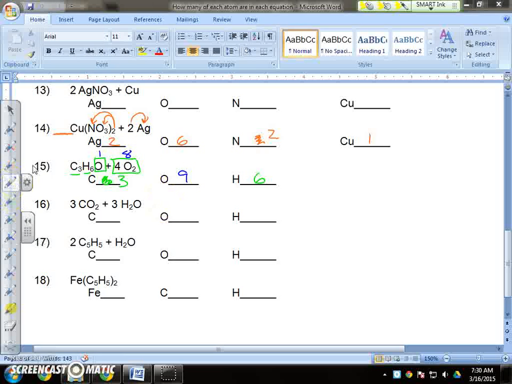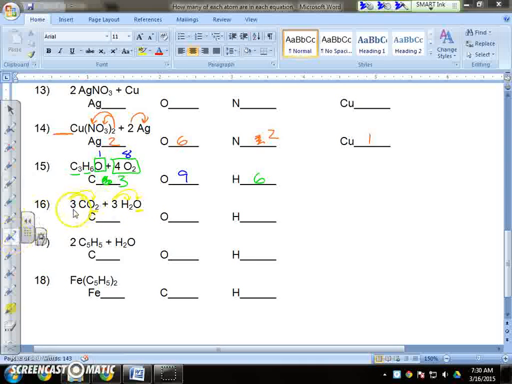Looking at number 16, we have oxygens on both sides, which is going to be tricky, and I've got coefficients of 3 on each side. So we're going to distribute that 3 all the way up until you hit the plus sign. So I've got 3 CO2s and 3 H2Os.